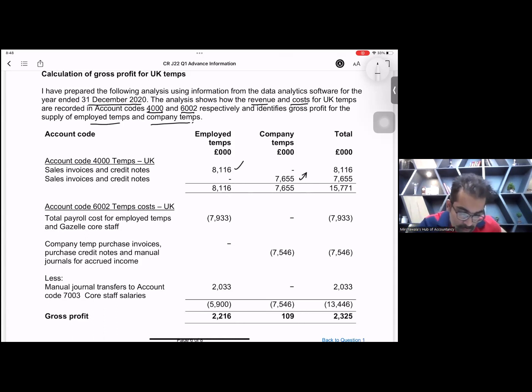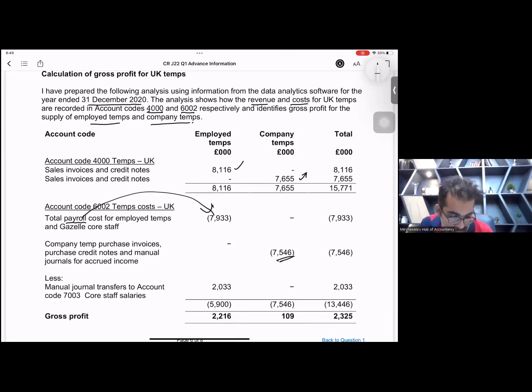Total sales you have. Now, for employed temps, as they are your employees, see the word payroll, the payroll cost. With company temps, we are just taking a service from another company. In that case, these 7546 are not our employees.